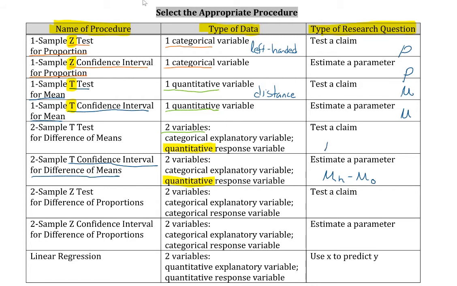However, if you wanted to test a claim about the difference in the mean number of hours worked in the office versus working at home, this is when you would use a two-sample T test for the difference of means. And again, notice that because we're talking about estimating a parameter or testing a claim about the means, this is when you would use either a T test or a T confidence interval.